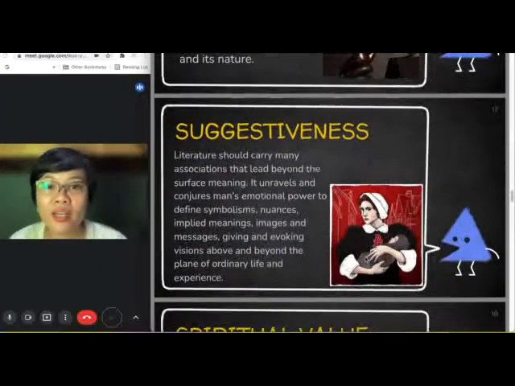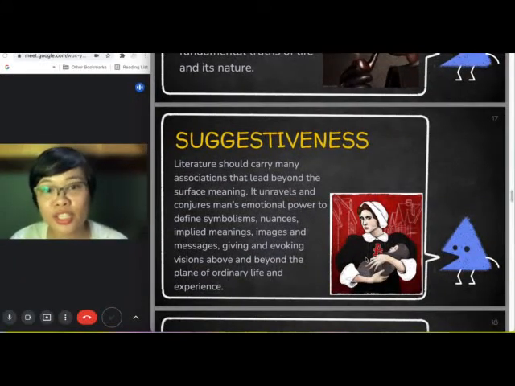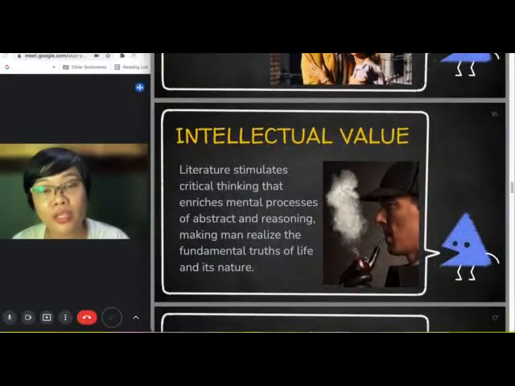So the next one is suggestiveness. Literature should carry many associations that lead beyond the surface meaning. So reading literature goes beyond the words. There are symbols, there are nuances, there are meanings, there are messages that go beyond the surface of the page. And this one is related to intellectual value actually.